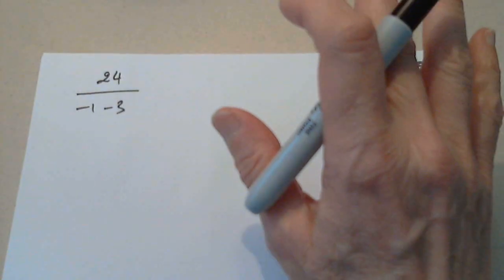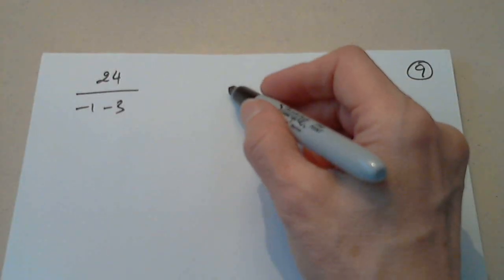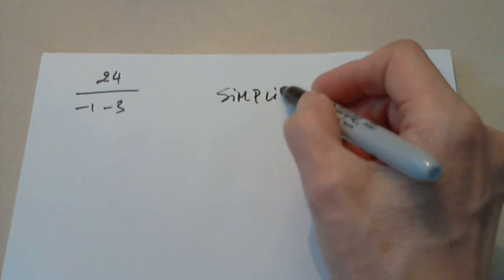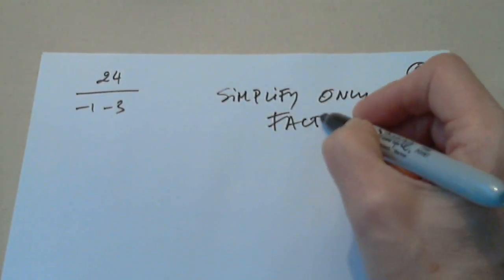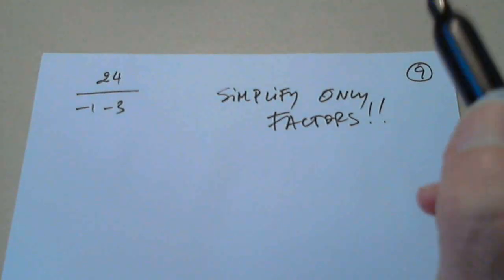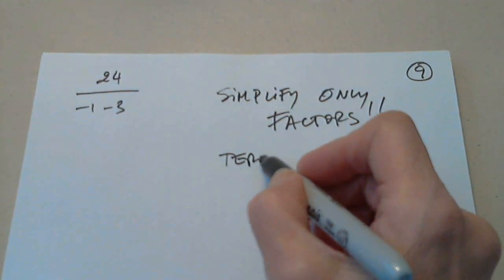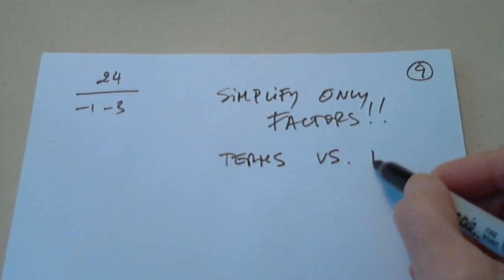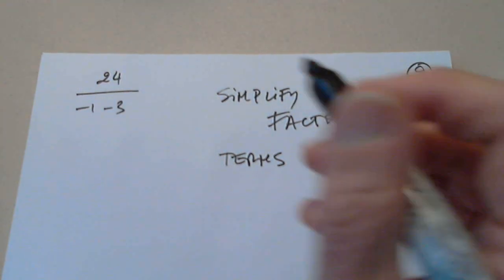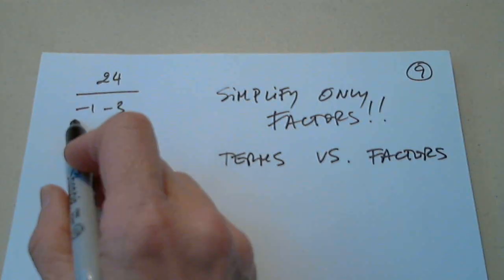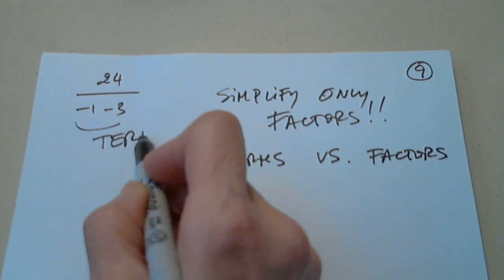So, one very important thing. Remember what we said last time. We simplify only factors. So we talked about the difference between terms and factors. Negative 1 and negative 3 are terms.